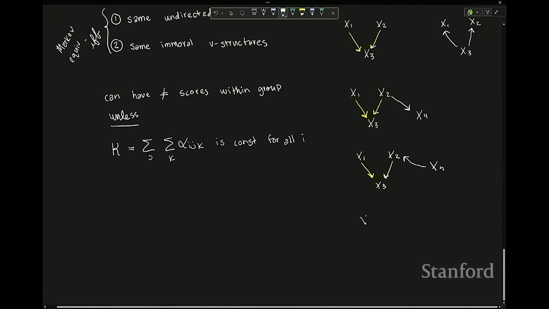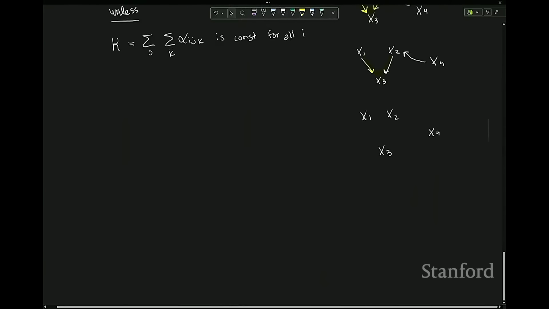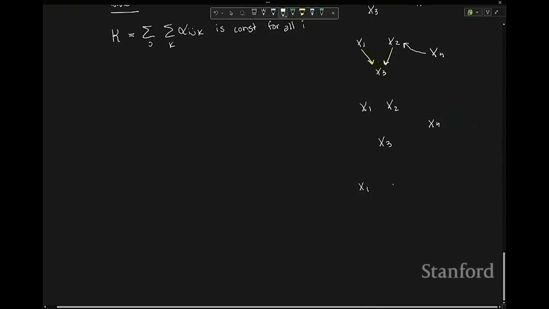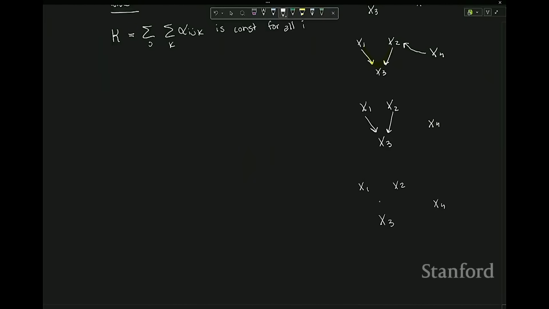So let's look at another example. Okay, so they have the same edges.